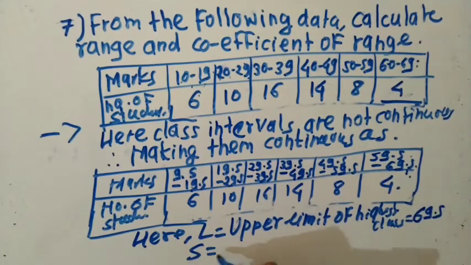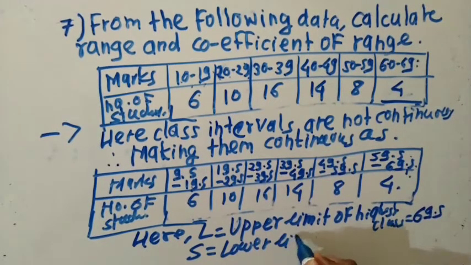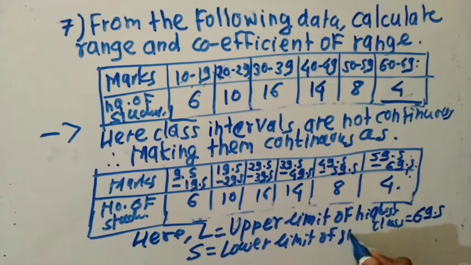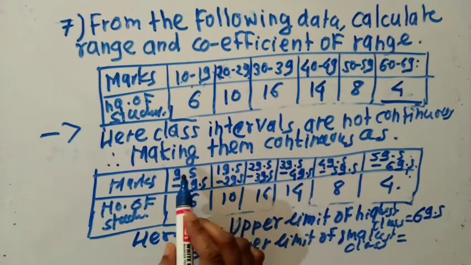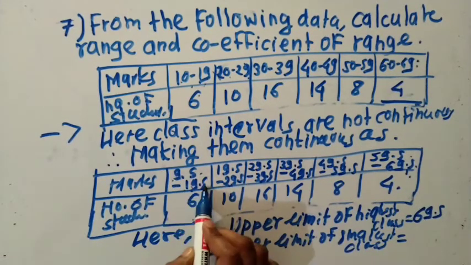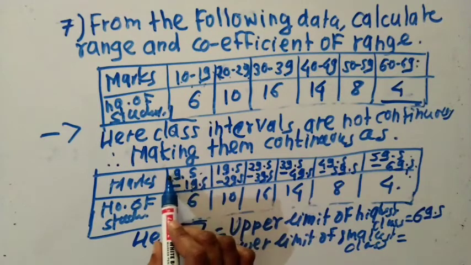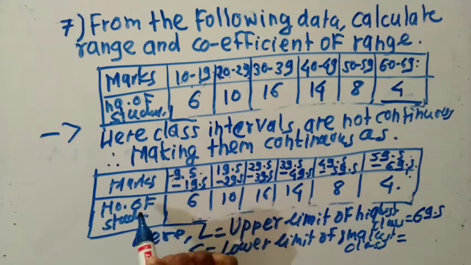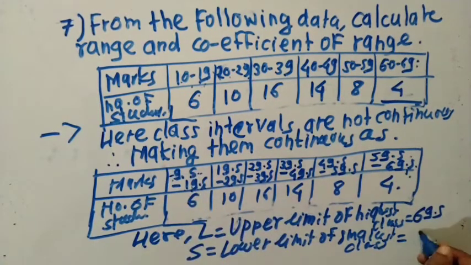And S is the lower limit of smallest class. So here smallest class is 9.5 to 19.5 आणि ह्याचं स्मॉलेस्ट लोअर लिमिट काय आहे तर 9.5.